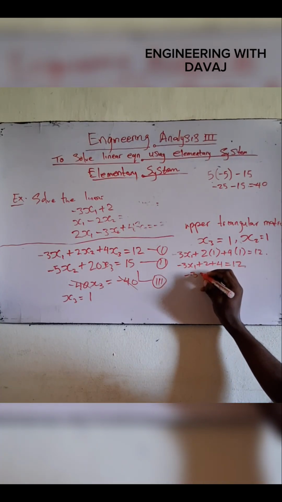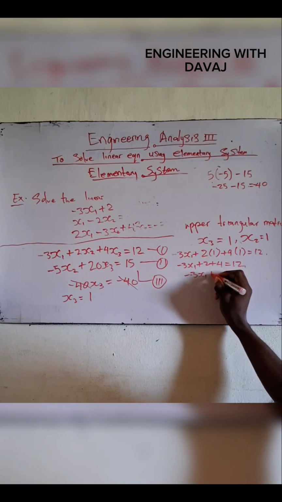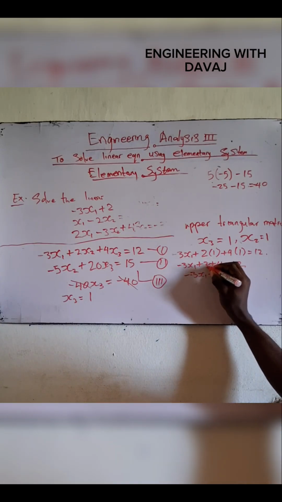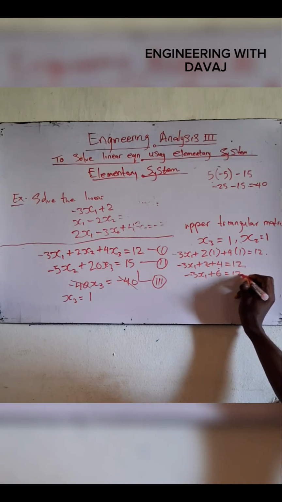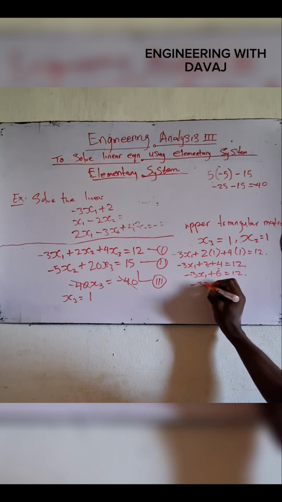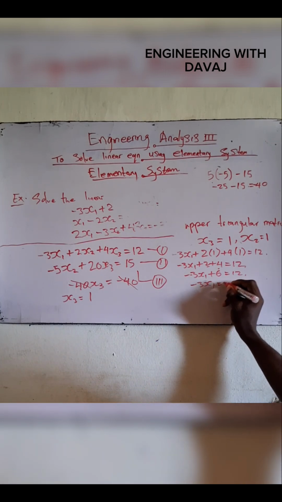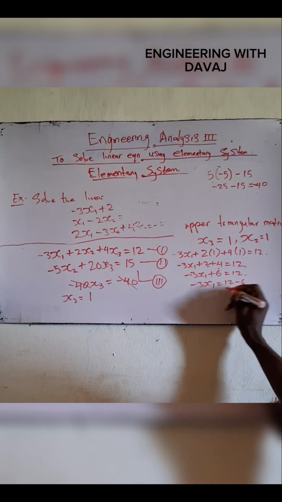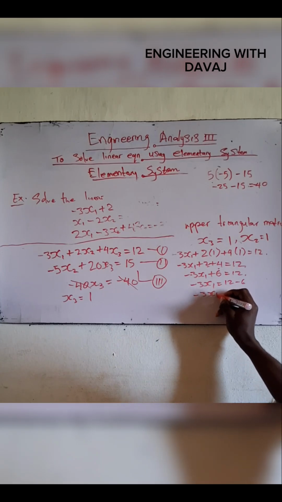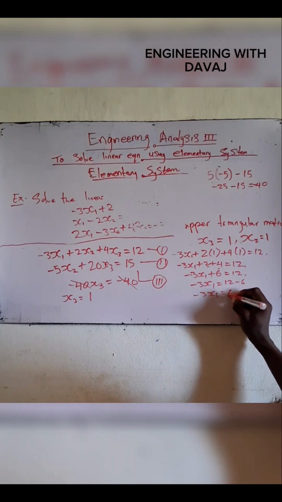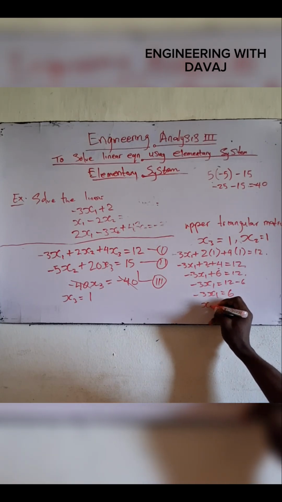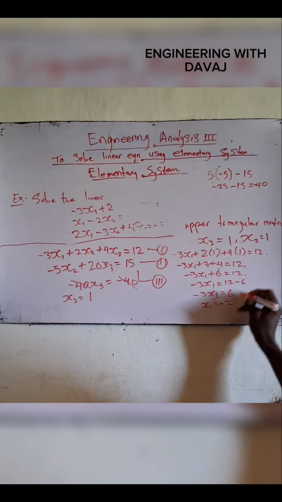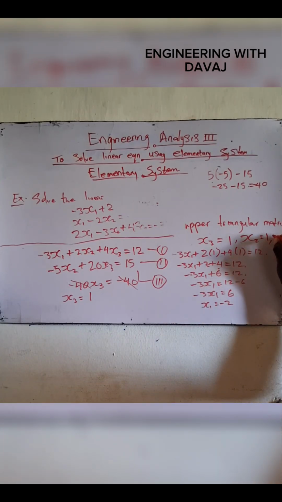Minus 3x1 plus 6 equals 12. So minus 3x1 equals 12 minus 6, which is 6. So x1 equals minus 2.